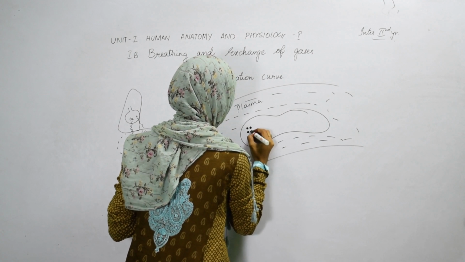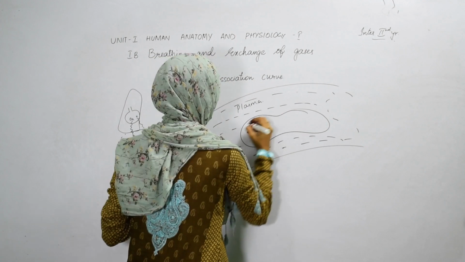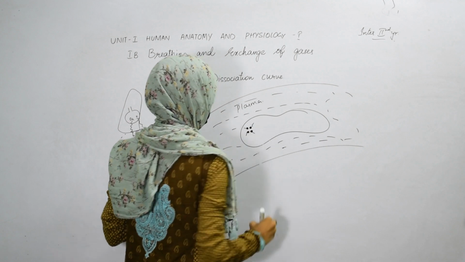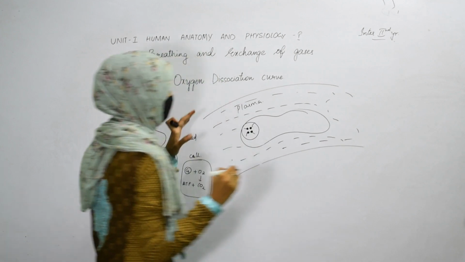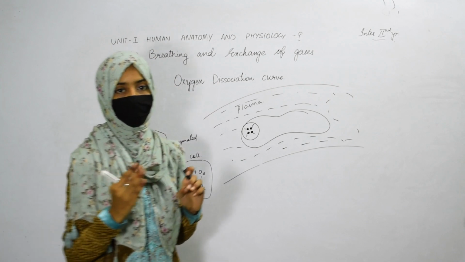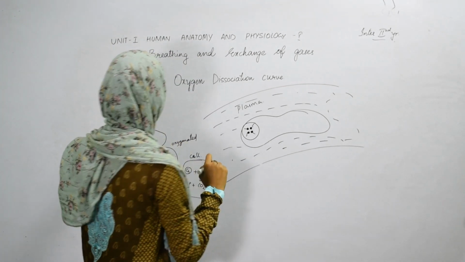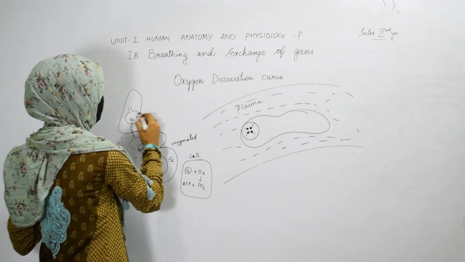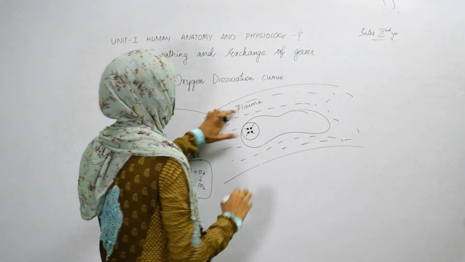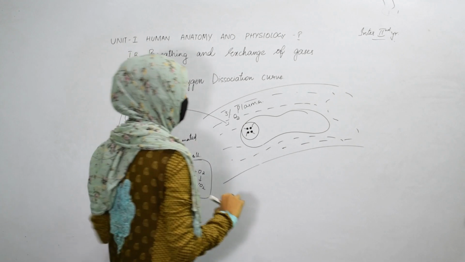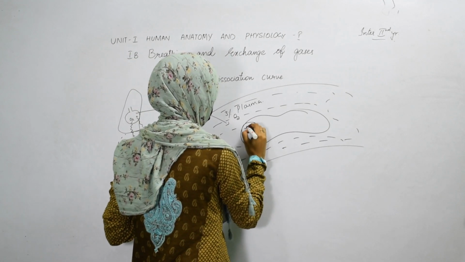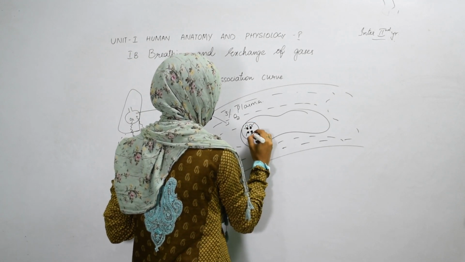Each hemoglobin molecule has 4 heme groups and a globin proteinaceous chain. So this hemoglobin molecule can bind to 4 molecules of oxygen. Once the oxygen is transported from the alveoli into the blood, 3% of oxygen is dissolved in plasma and the remaining 97% of oxygen binds with hemoglobin.